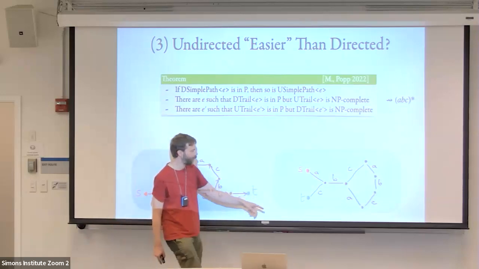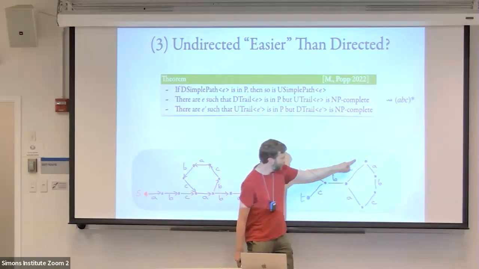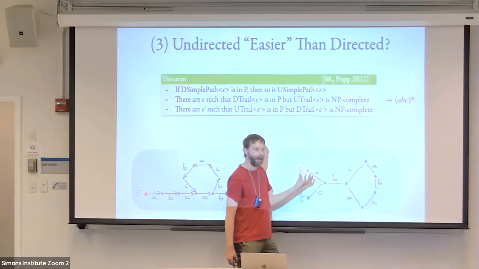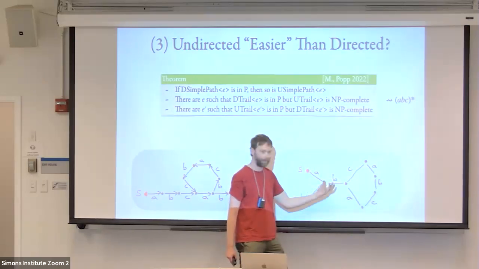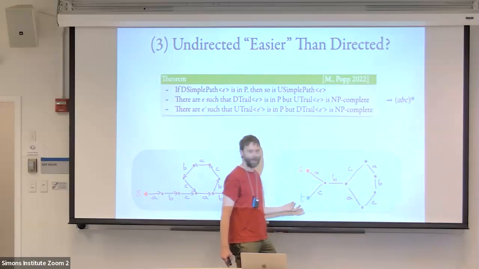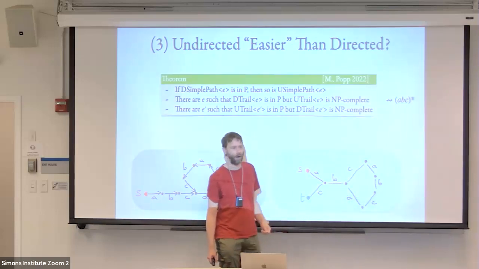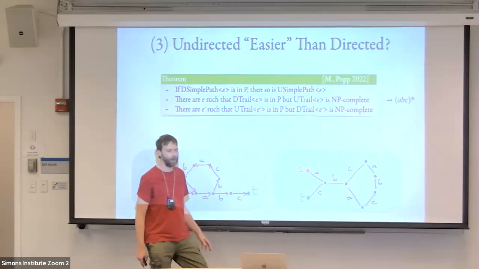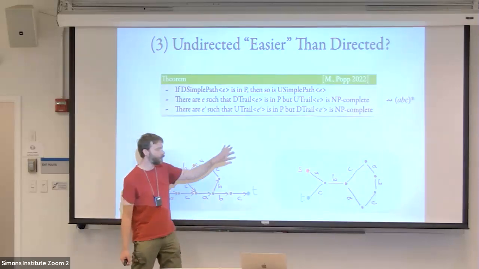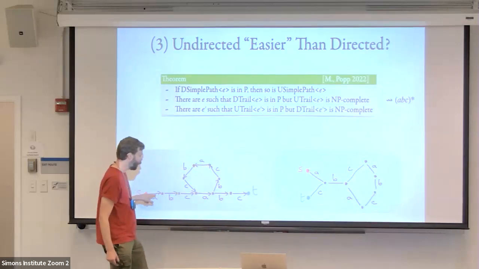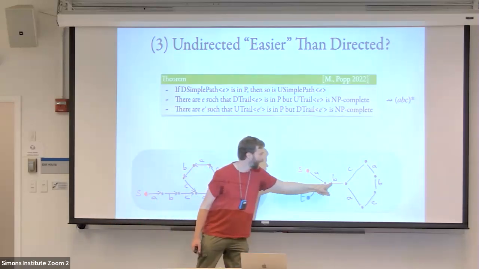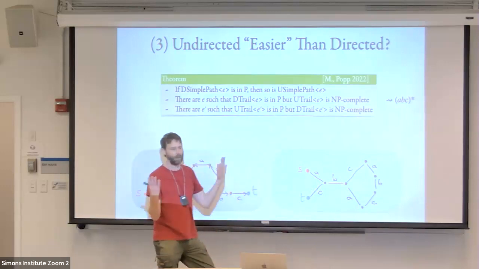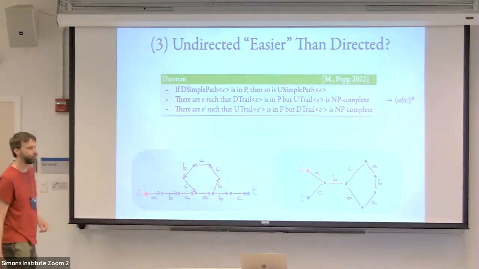So here you have the same in undirected. Here you have some path that matches ABC star, but if you cut away the loops, you don't get a trail that matches ABC star. The intuitive reason is that when you were searching for your path using your NL procedure or whatever, you used some edge in two different directions, and this messes things up.